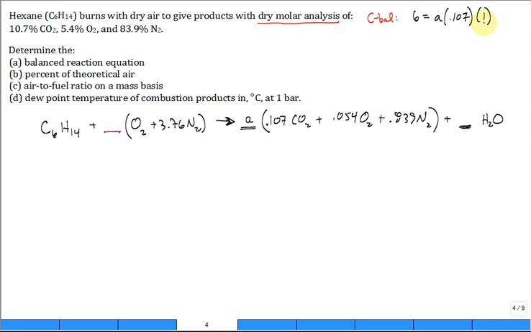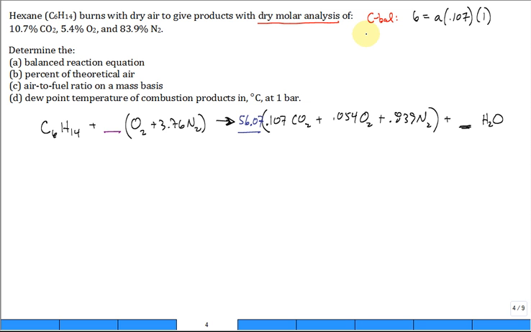Any other place carbon? No. And so we can determine that A, true? And so we'll determine the A to be 56.07.